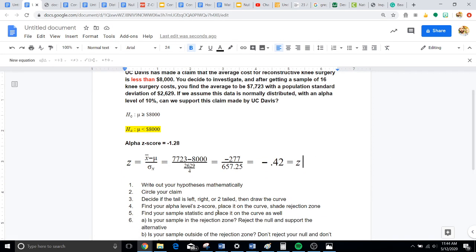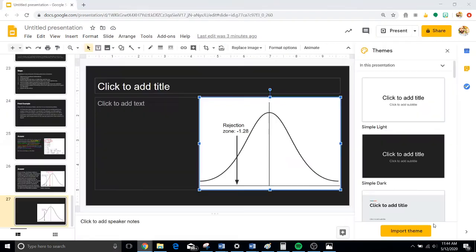So we found our sample statistic, and now we need to place it on the curve as well. So let's go ahead and do that. All right, I think we can all agree that negative 0.42 is less negative than negative 1.28. So it's going to be, let's say, somewhere around here. Now the placement on here doesn't really matter so long as you get it on the right side.